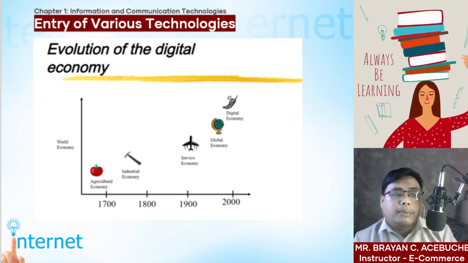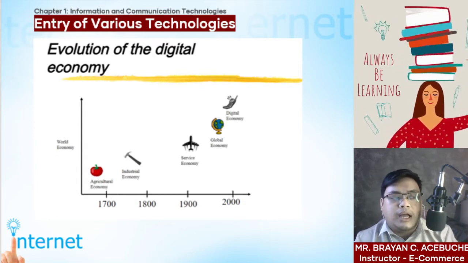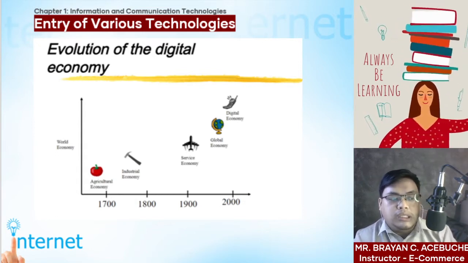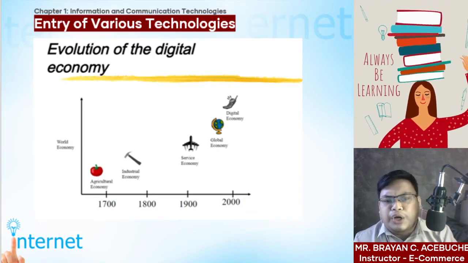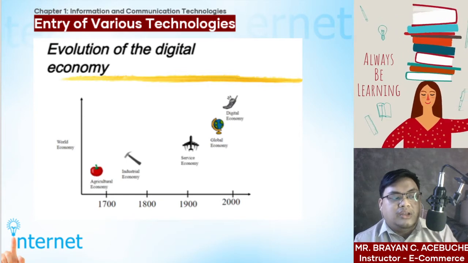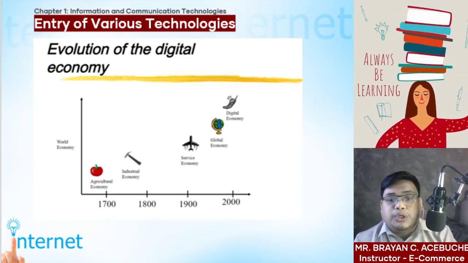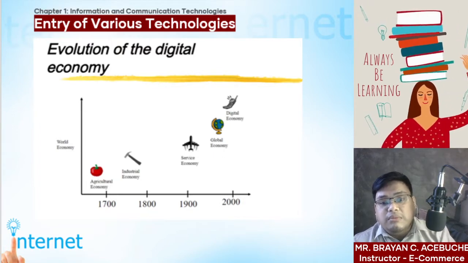While it took about 100 years for the agricultural era to move to the industrial age, it took only a matter of years for information and communication technology to reach a level of development and adoption as evidenced in this image.